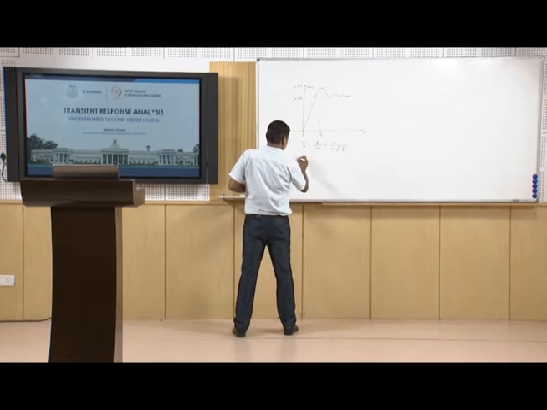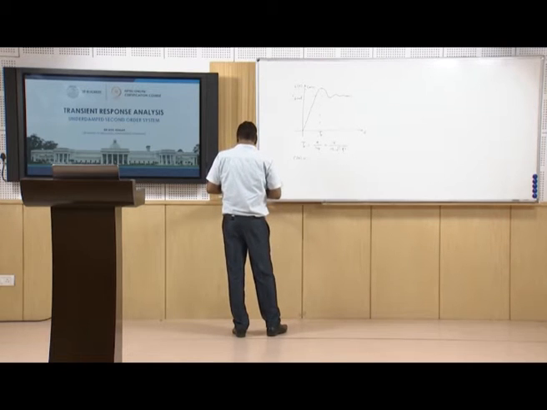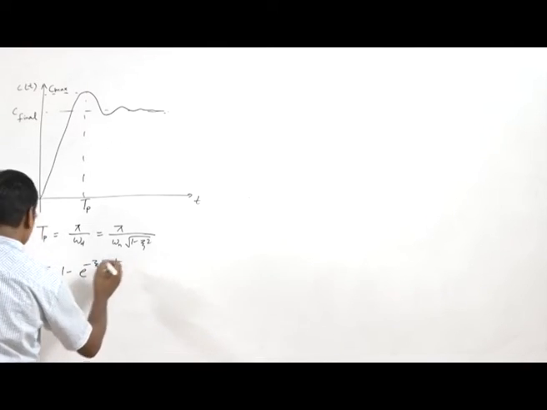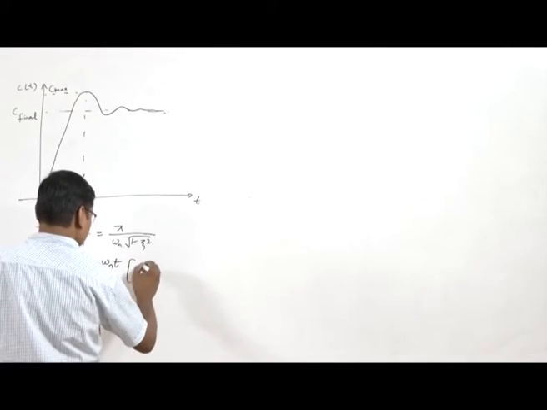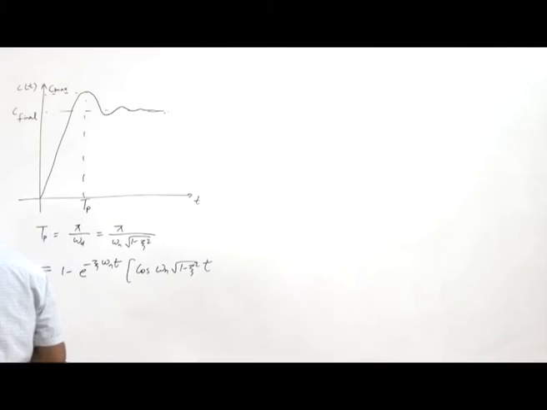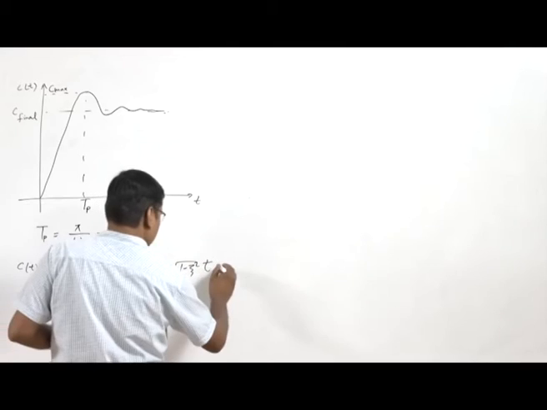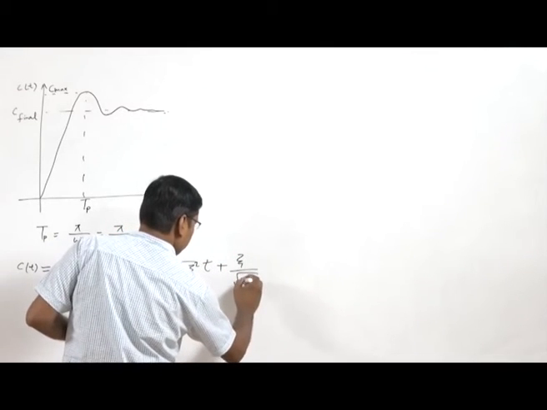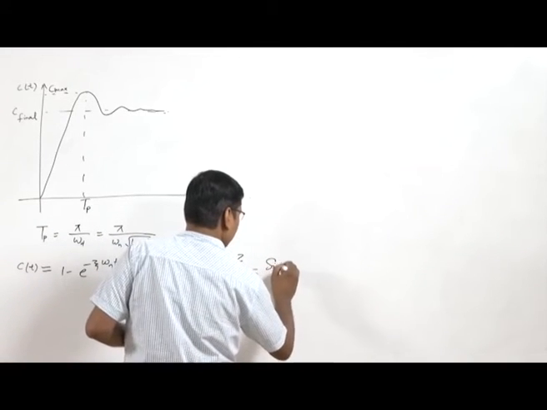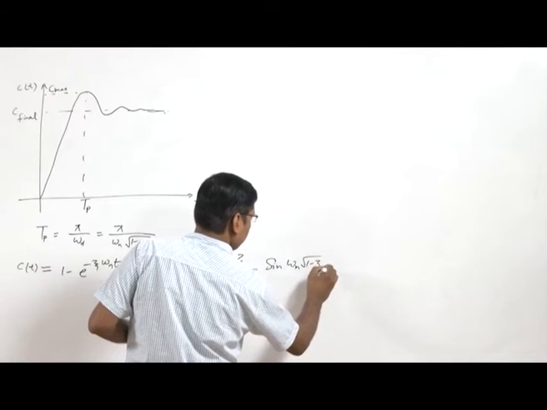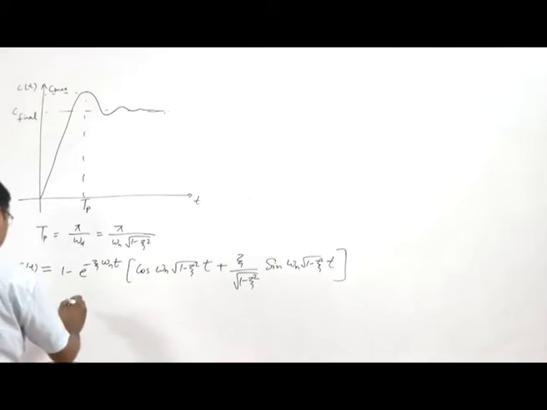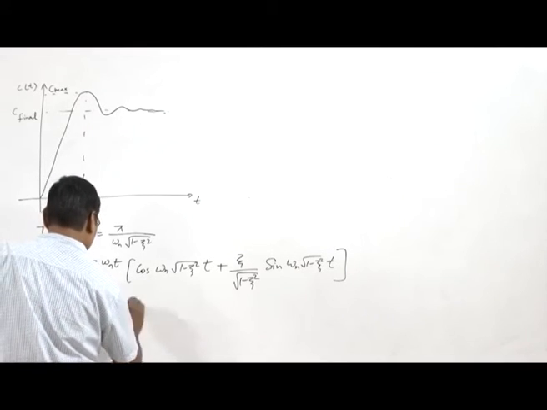The response C(t) that we derived for this system was 1 minus e power minus zeta omega n t into cos omega n root 1 minus zeta square t, plus zeta upon root 1 minus zeta square sine omega n root 1 minus zeta square t.